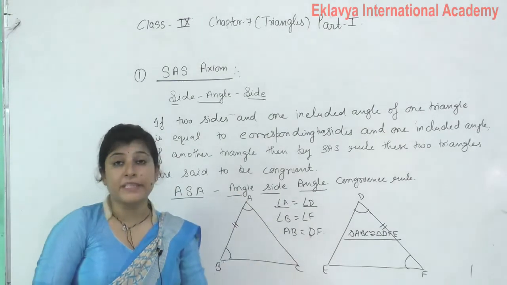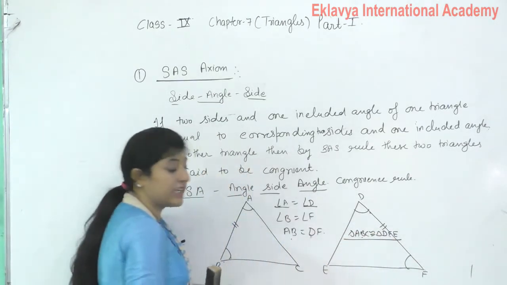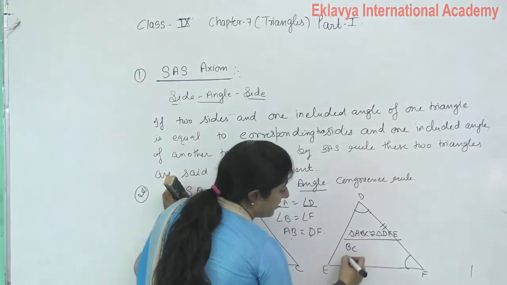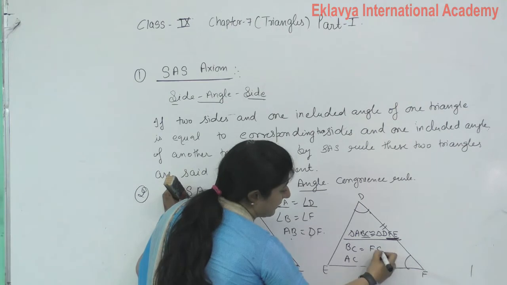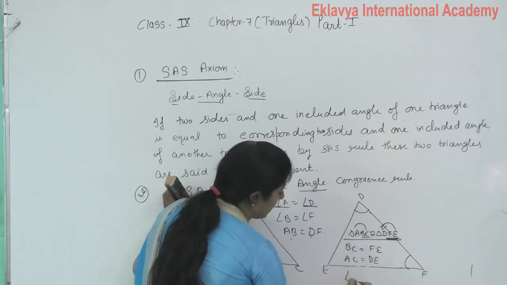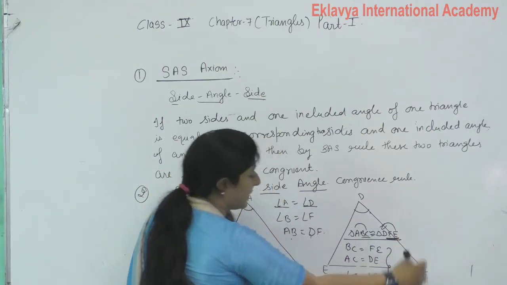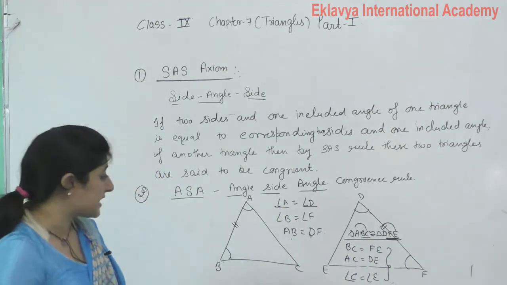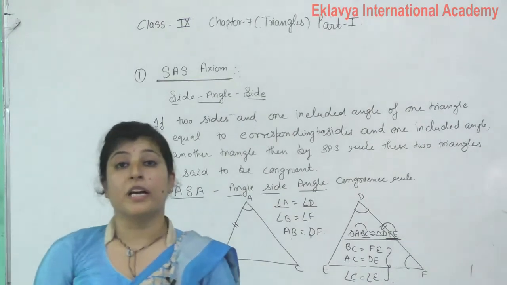So by CPCT, the other three elements: AB is already equal to DF, the remaining two sides BC is equal to FE, AC is equal to DE. Which angle remains? C is equal to E. So by CPCT, the corresponding parts of congruent triangles, we can say these three elements are also equal.